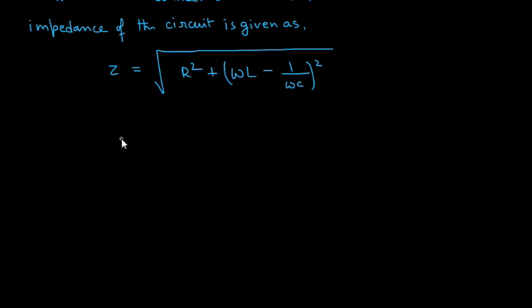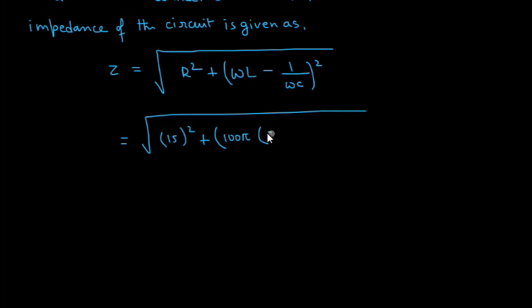Now putting the values here, we get 15 square plus (100 pi times 80 multiplied by 10 to the power minus 3 minus 1 upon 100 pi multiplied by 60 multiplied by 10 to the power minus 6).